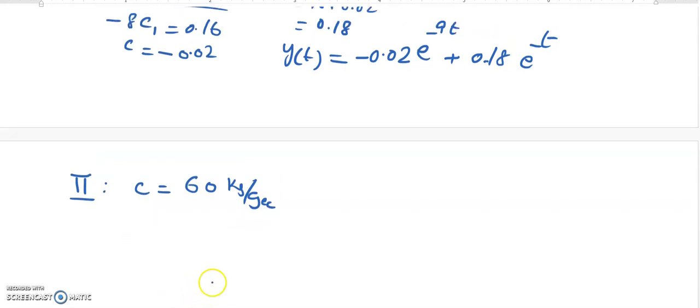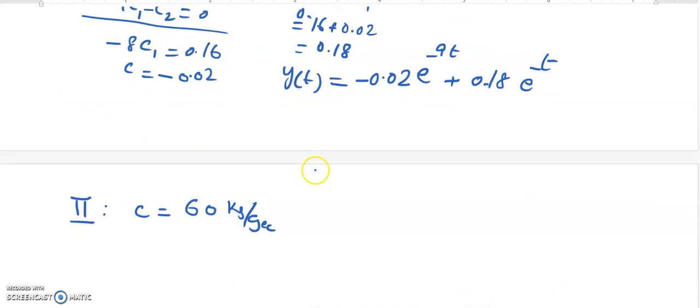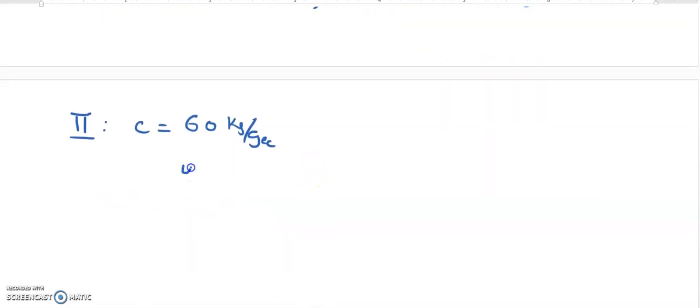So the equation will change like this: y double prime plus 60 over 10, which is 6, so y double prime plus 6 y prime and plus 9 as before.